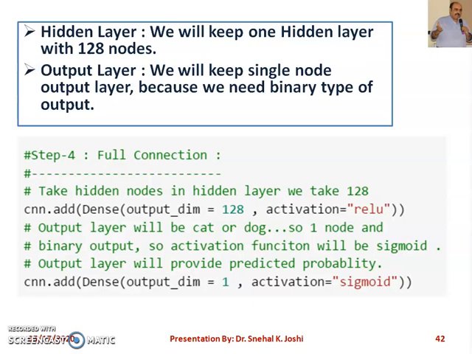But here the problem is very different. We are working on image classification, and it is a convolution based neural network, so our strategy will be very different.